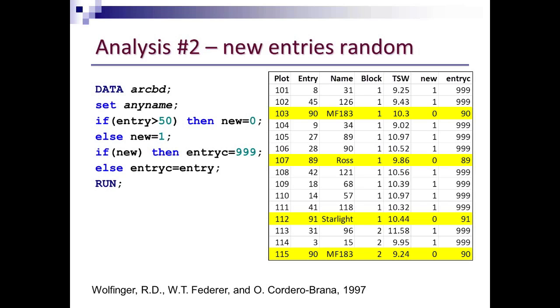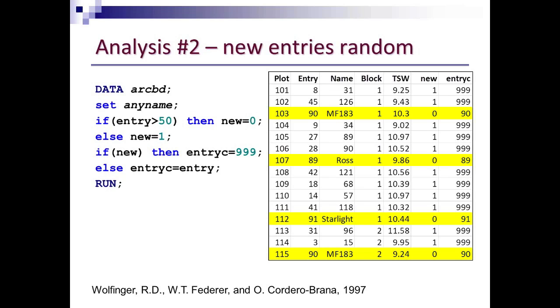So for the second analysis, we want to consider that our new entries are random effects. So I used the SAS code from this reference here, Wolfinger et al. in 1997. You could also just do this manually in a spreadsheet.